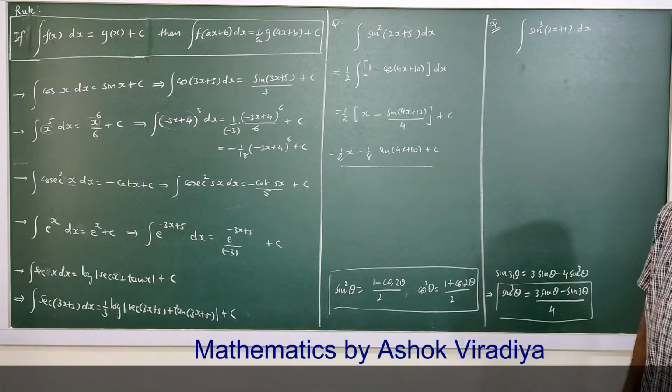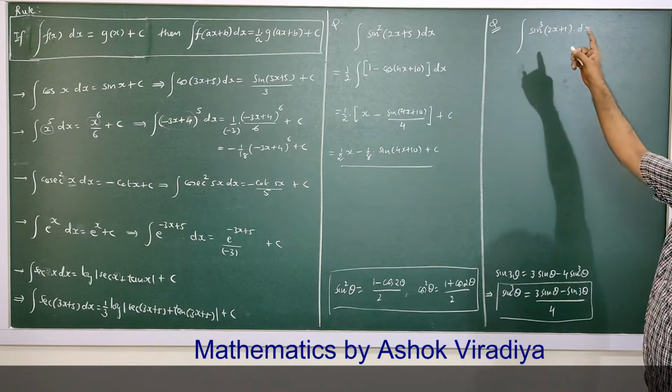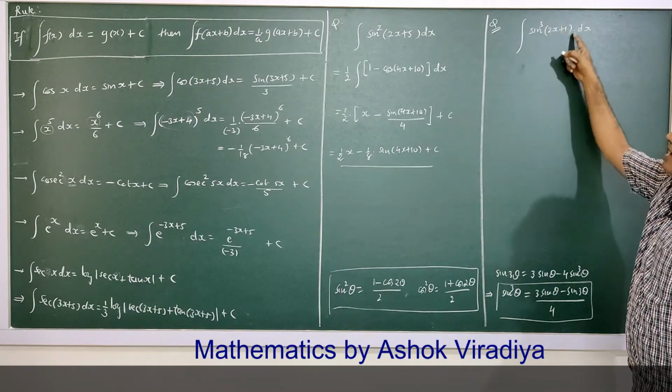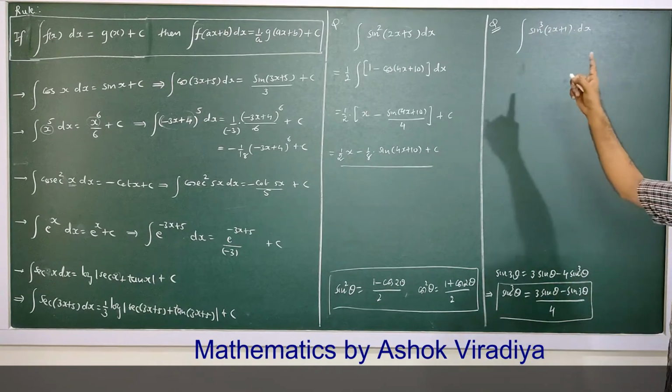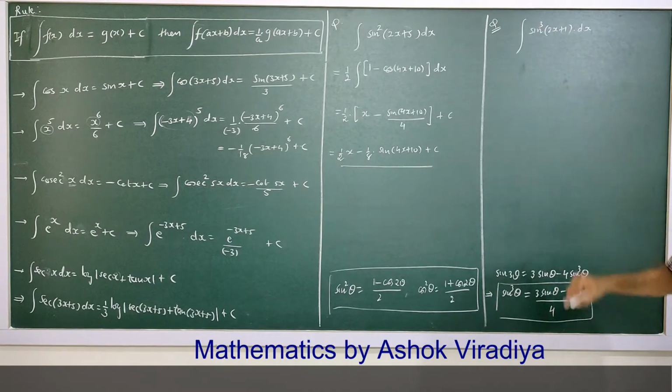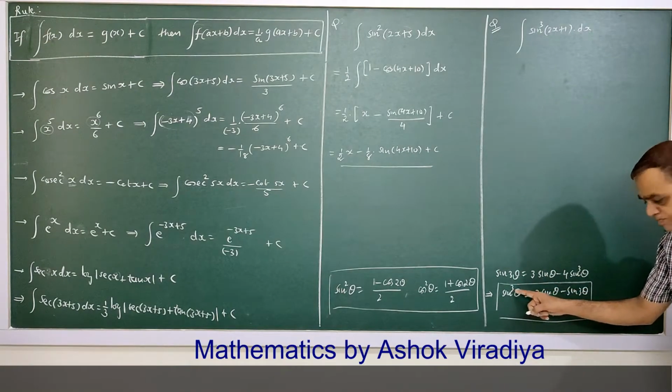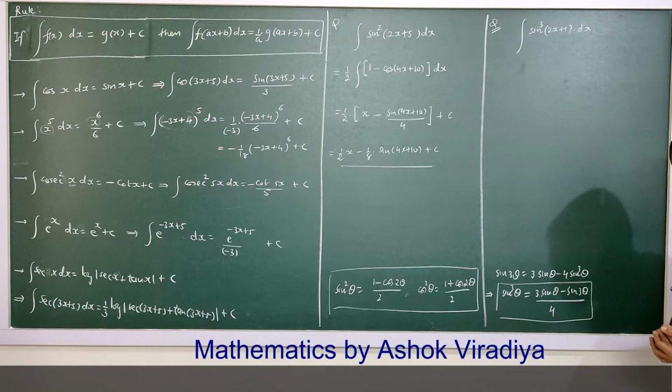So remember, whenever you are given sine cube theta, because of the cube, this is not integrable. In the list of formulas, we don't have a formula to integrate sine cube x. We have a formula for sine x, we don't need the power. So to remove this power, this result is useful.